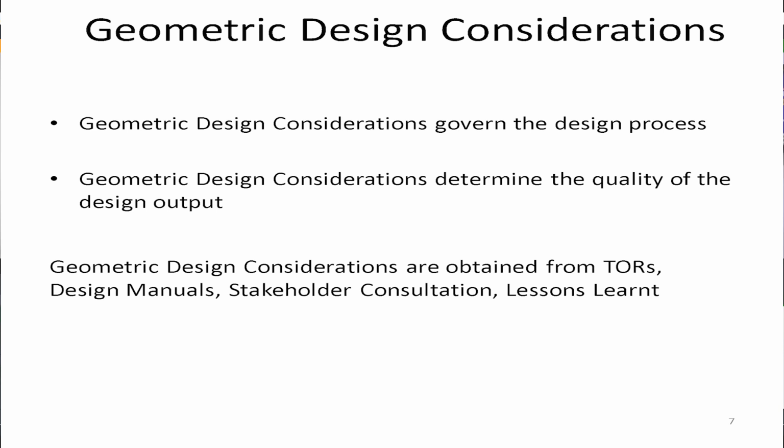If you have not considered it, you are not likely to make provision for it in your design. Geometric design considerations are obtained from terms of reference, documents, design manuals, stakeholder consultation, and lessons learned.